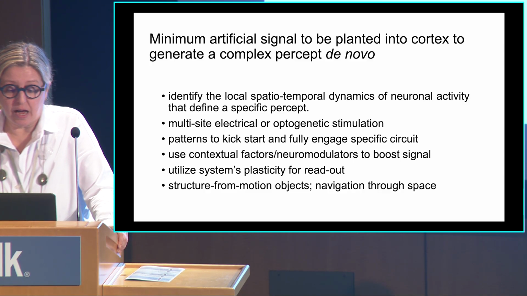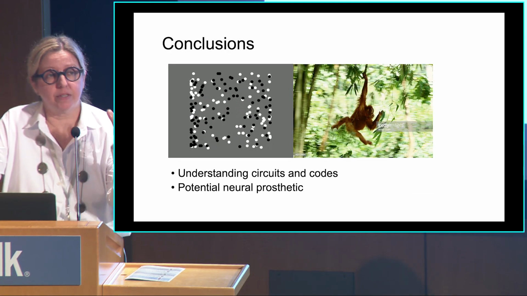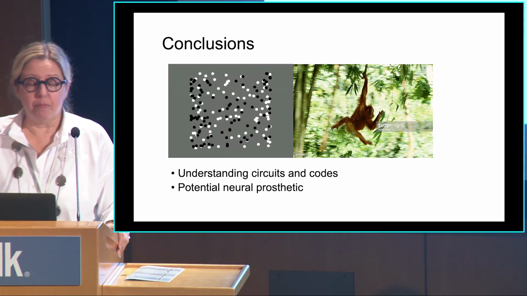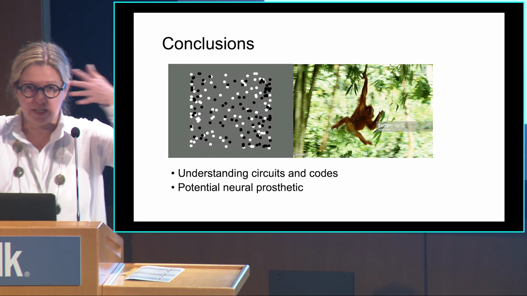the reward is quite high, because the structure for motion objects is not just there. It would help us understand how these objects are formed, but it's also about navigation in space, how different directions of motion are integrated at different depths.